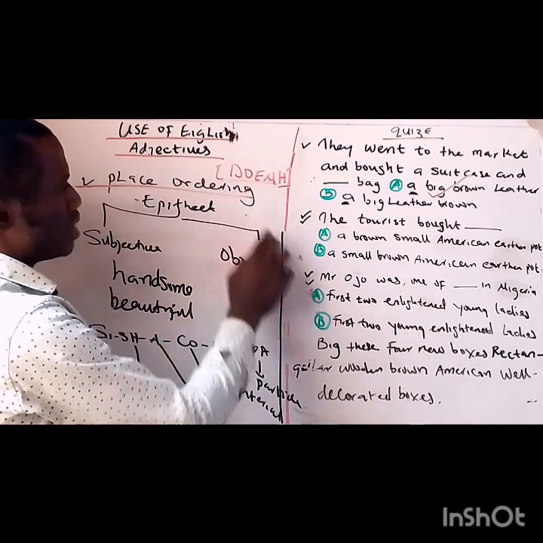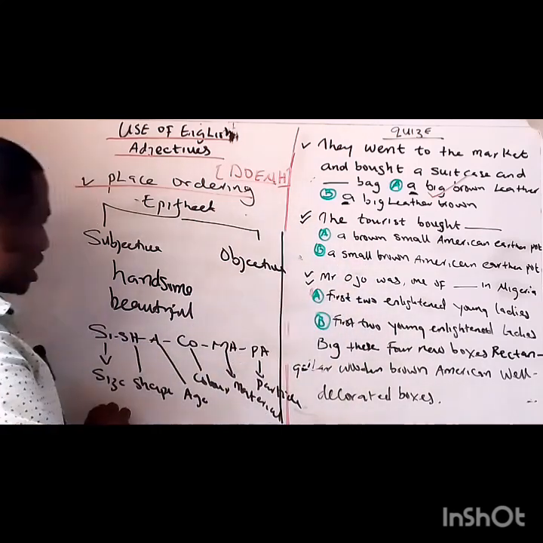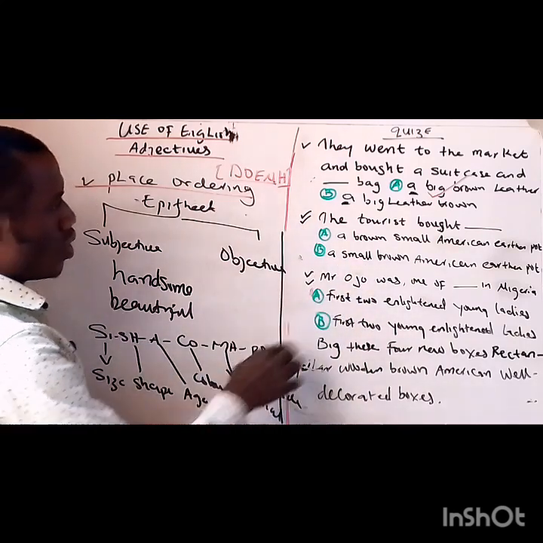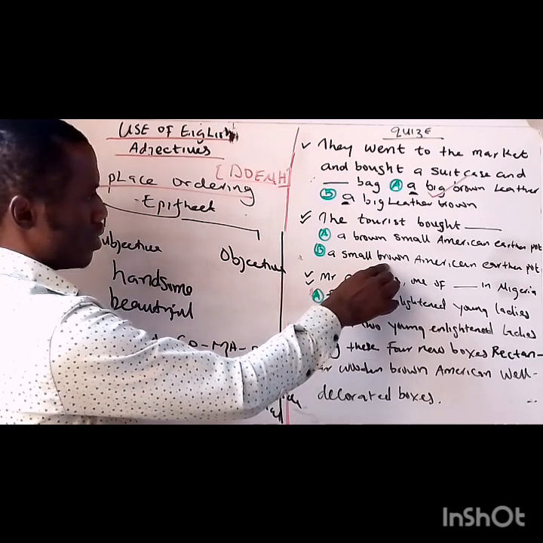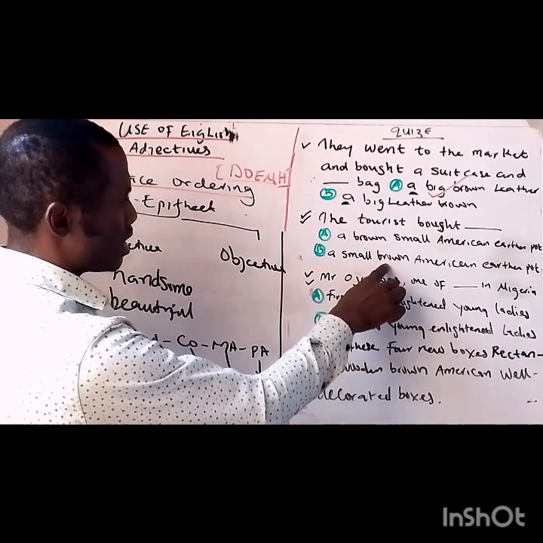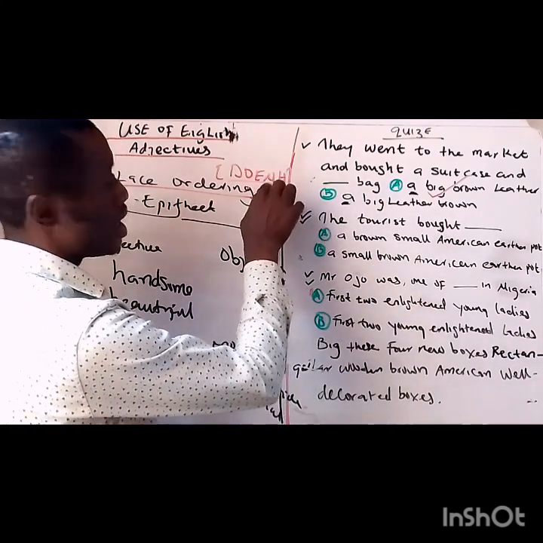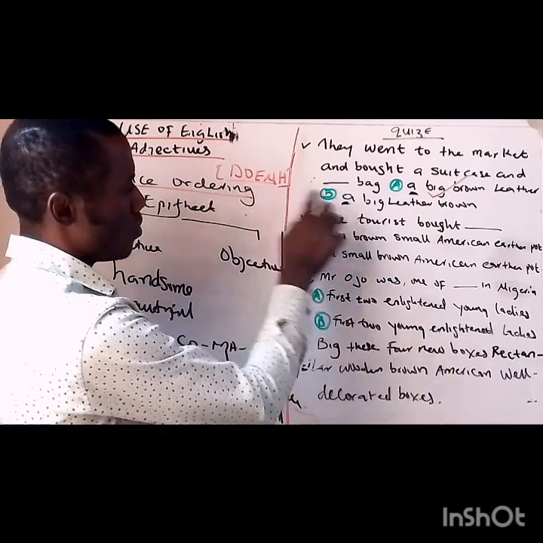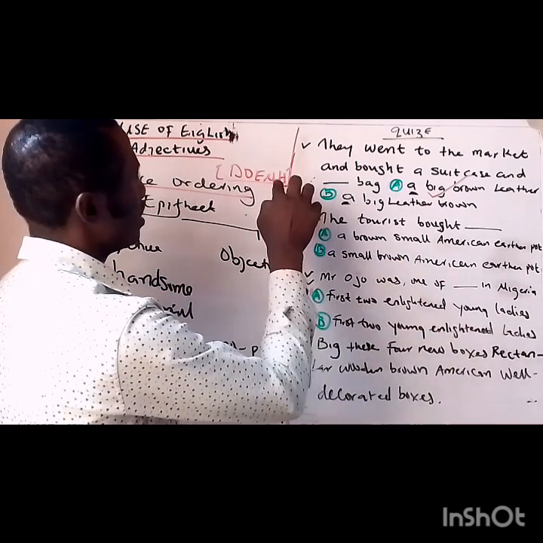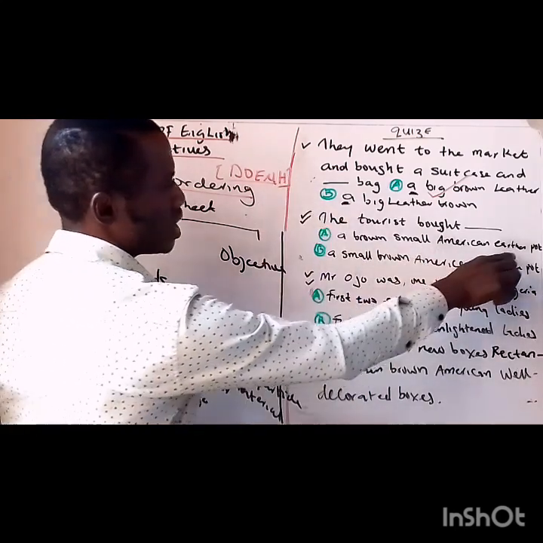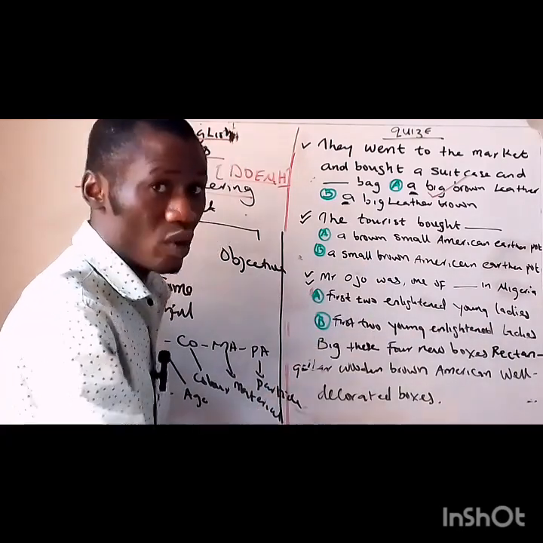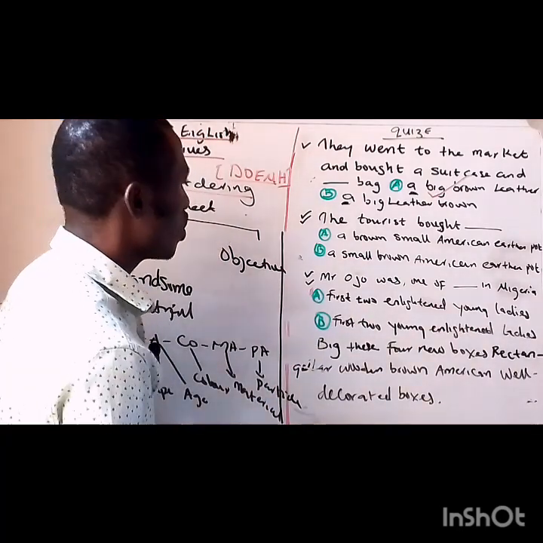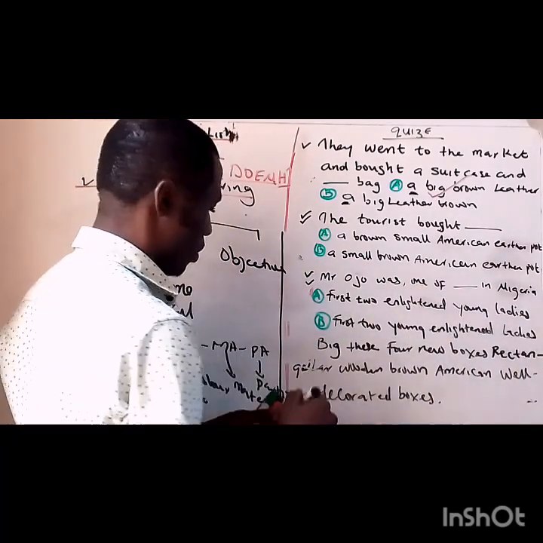A, which is the determinant, and then small, which is the size, followed by the color brown. Are you seeing that now? And then the nominal, where the material is gotten from, American, and then the head, which is the hidden pot, the hidden pot that has been talked about. So the answer is option B.